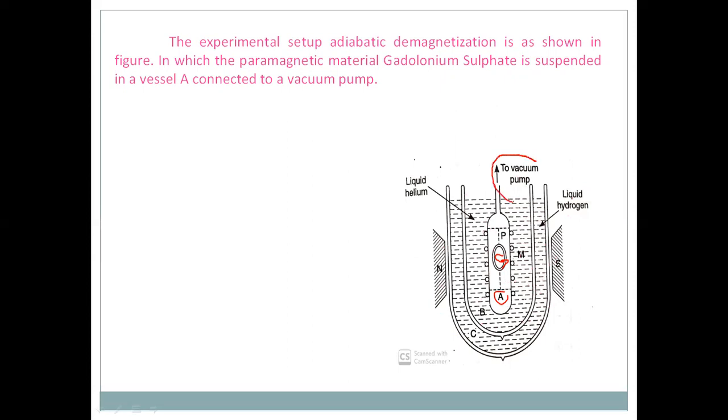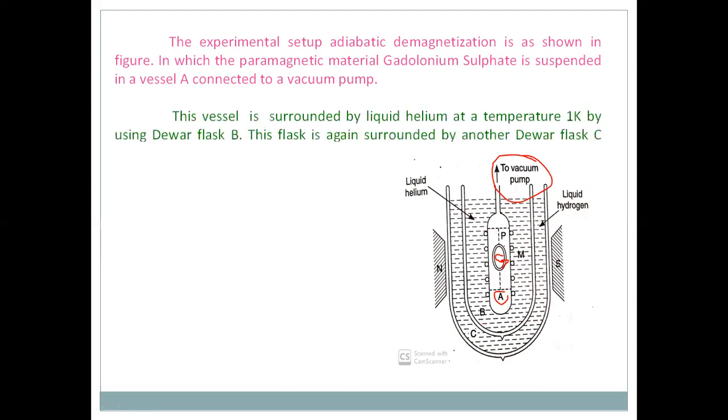We know that by using this vacuum pump, the air inside this vessel A can be removed. The vessel is surrounded by another vessel called B, or maybe called a Dewar flask.